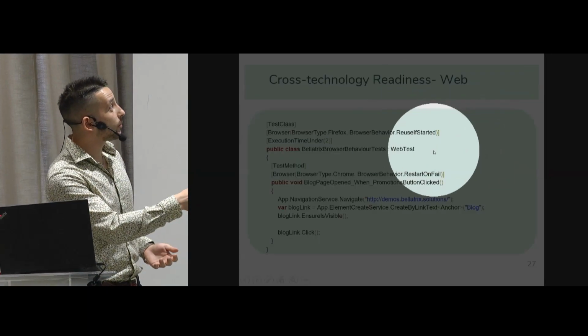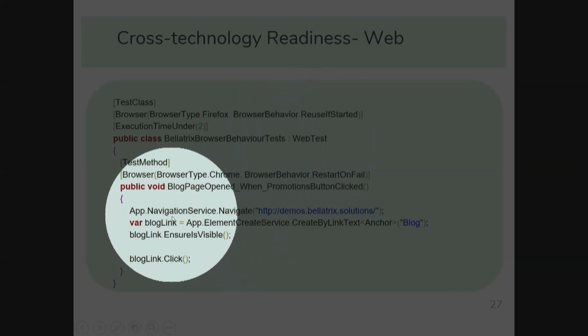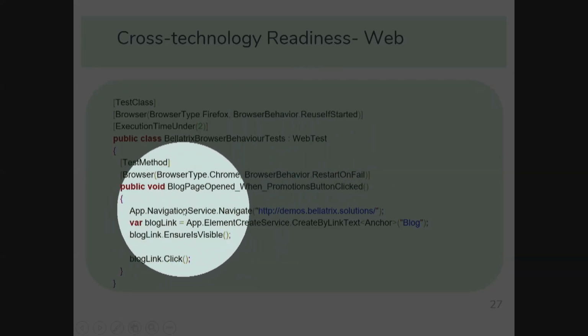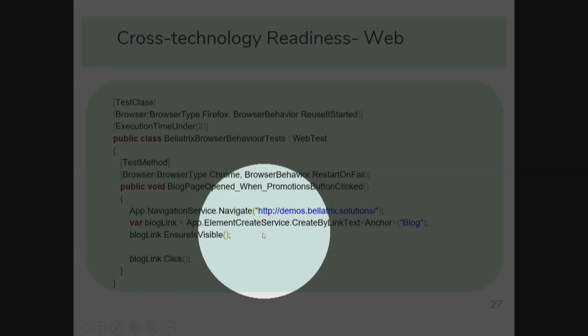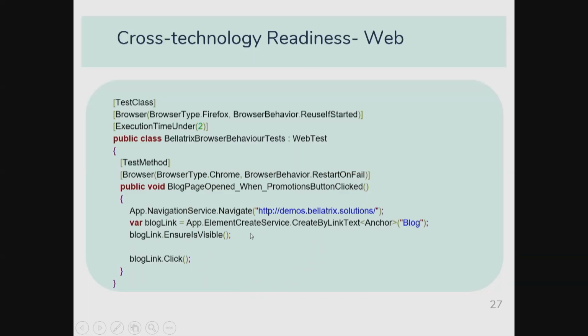Then you inherit from the web test, which gives you lots of common services like navigation service, which you use to navigate to web addresses, and then element create service, which you use to create UI controls.